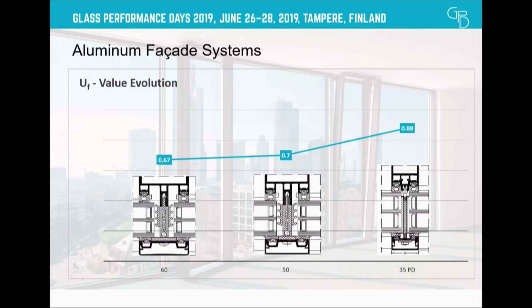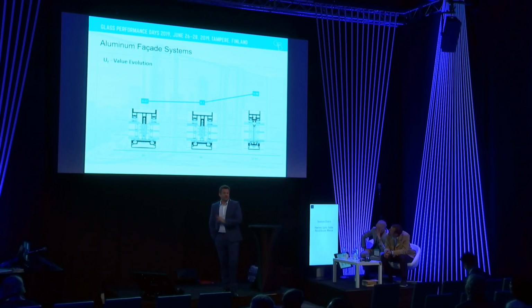If we look at the aluminum facade system, that is a section through a facade system, you see an opposite trend. This is the reason for the next trend that I will show you, because now we're looking at the width of the profile. We started with 60 millimeters, that's a standard, then we go to 50 millimeters, and at a panoramic design, a 35 millimeter section of our frames, we have an increased U value of the frame itself.